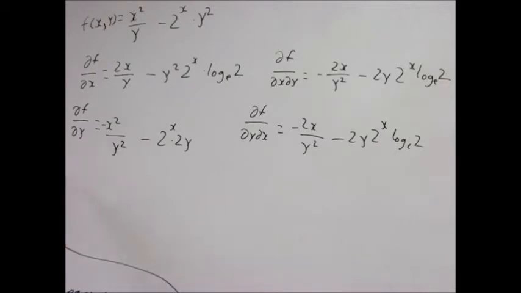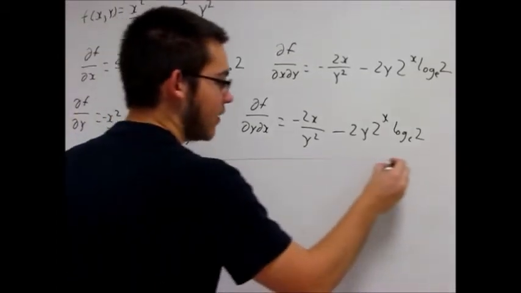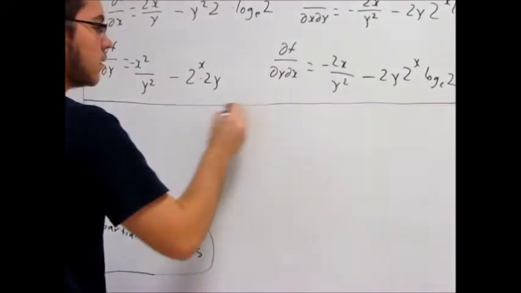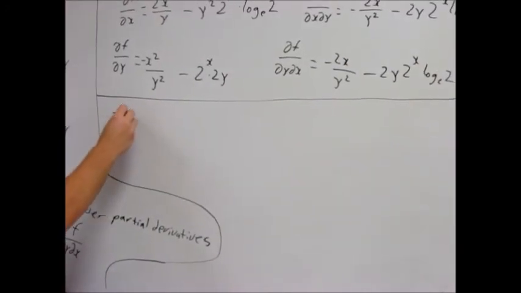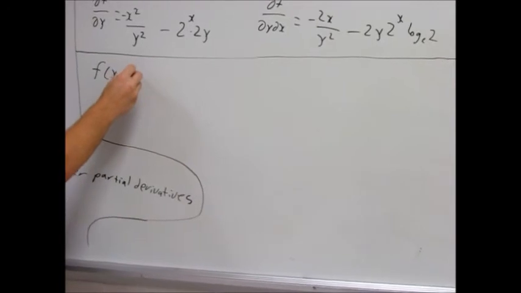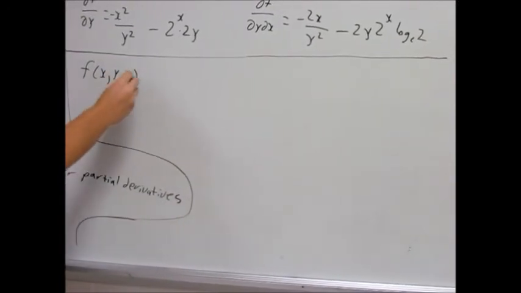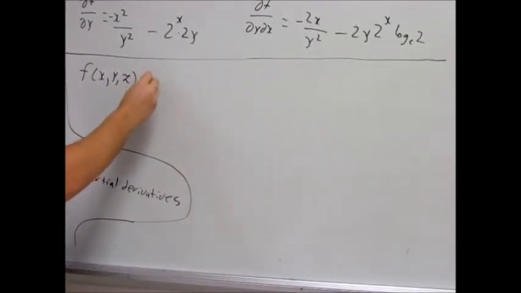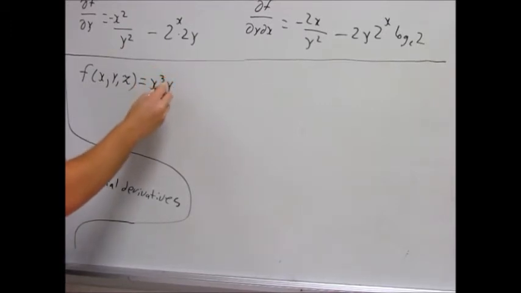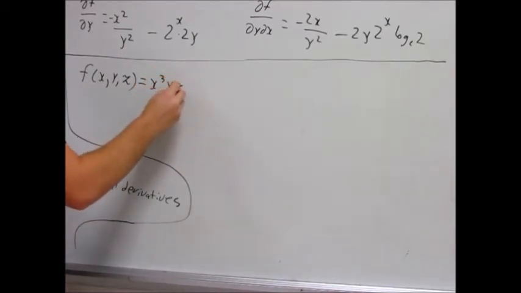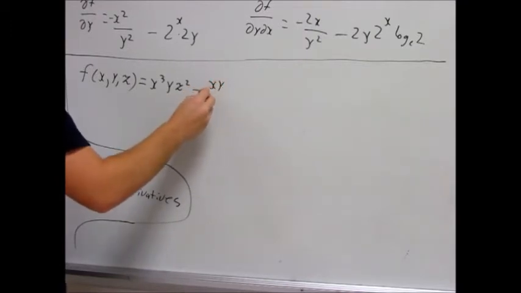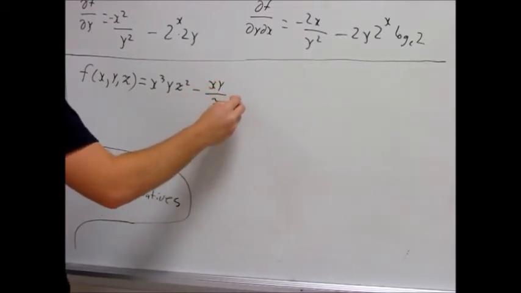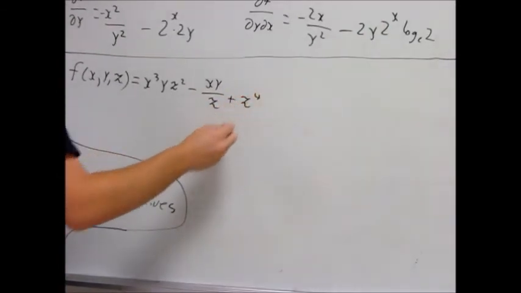And let's just do one more example. This can be done with more than just two variables. So let's just do one more example here. f(x, y, z). Let's say it's x cubed y z squared minus xy over z plus z to the fourth.